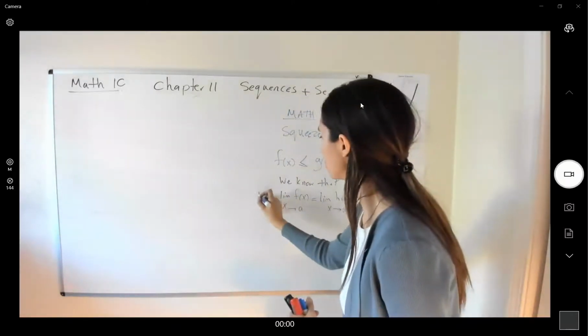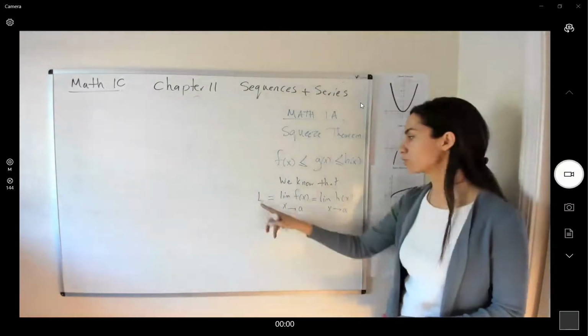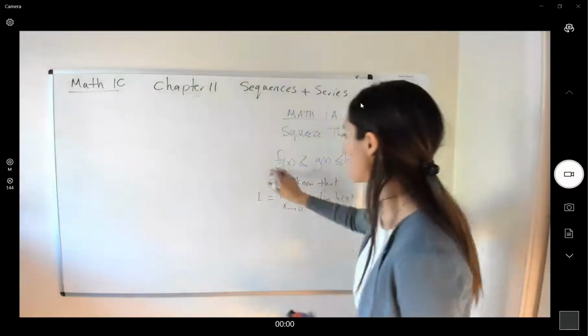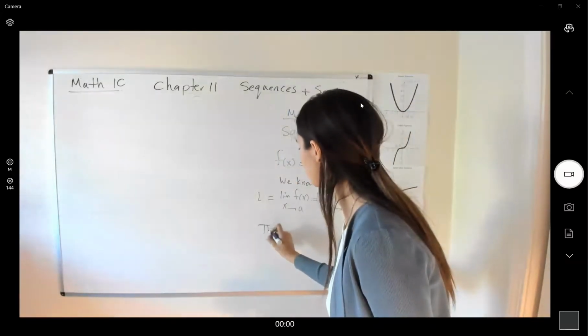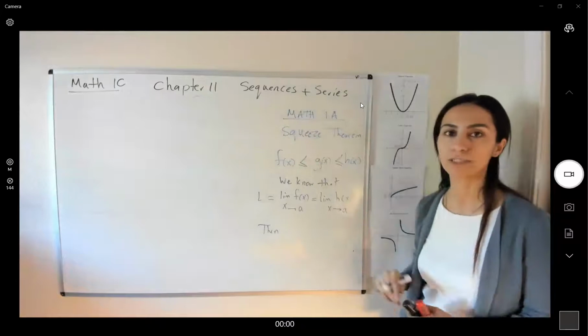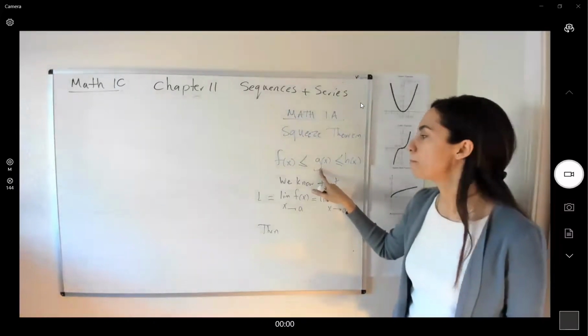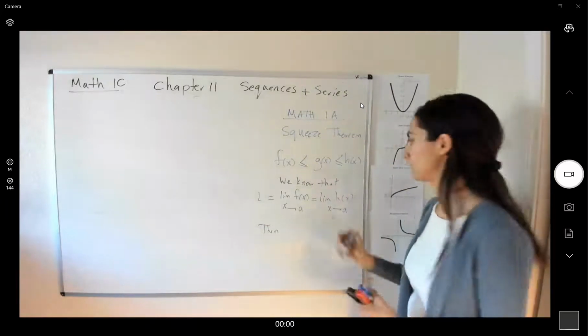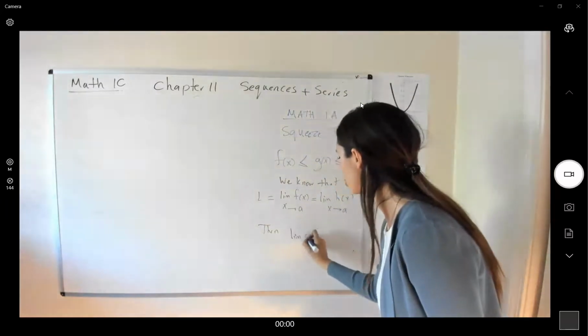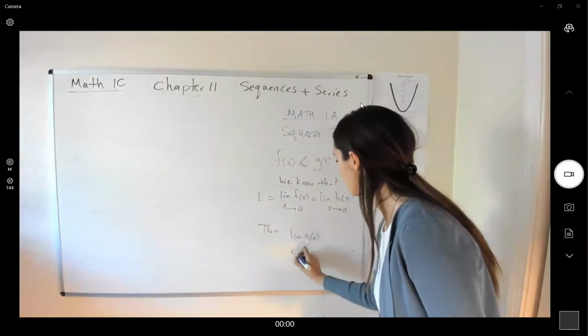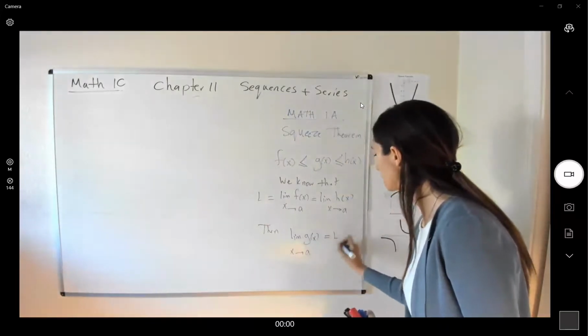Suppose these two limits are just equal to L. Then this theorem says, the squeeze theorem or sandwich theorem says, the limit of g of x must be equal to L. The limit of g of x while x goes to a must be L.